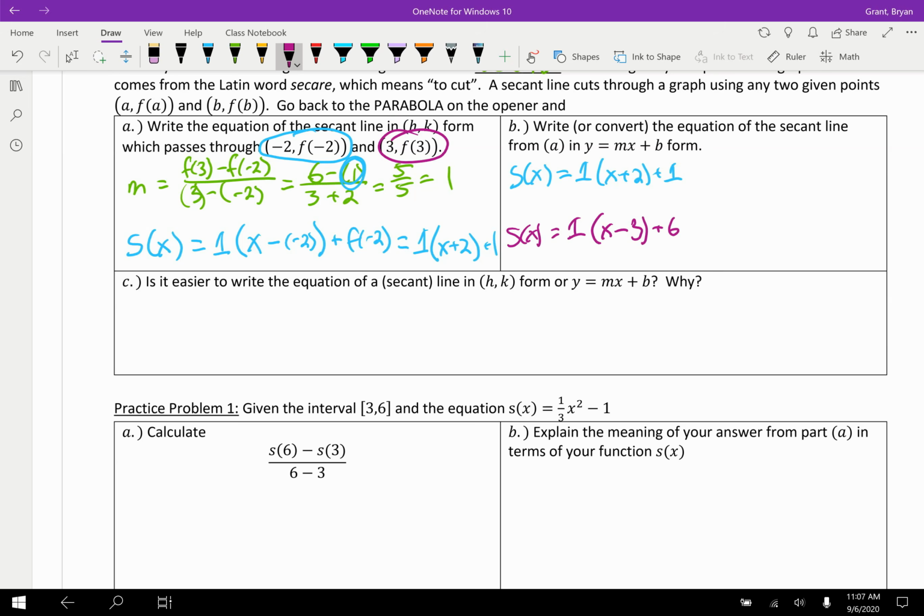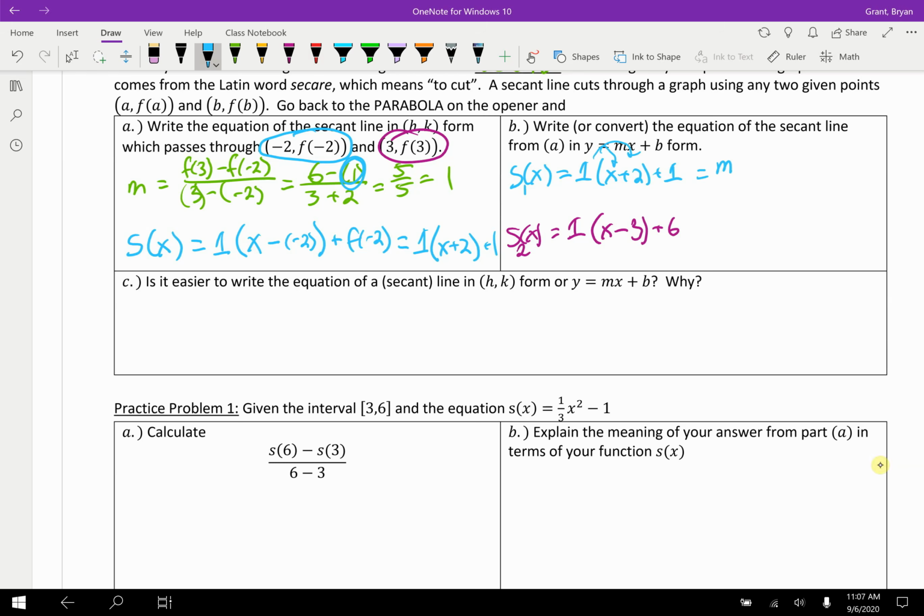But if I'm going to use both of these equations for this next question, which is asking us to convert the equation to mx plus b, it gets a little confusing that they're both called s of x. So I'm going to use subscripts: this is my first equation, s sub 1 of x, and this is my second equation, s sub 2 of x.